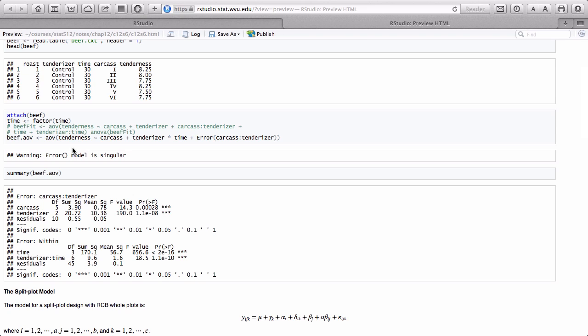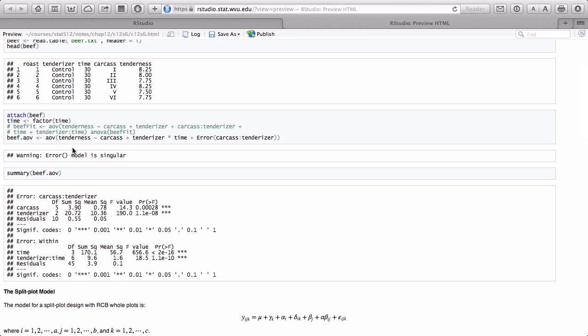What does the asterisk do? It expands into a factorial. So that's really equivalent to tenderizer plus time plus tenderizer colon time. And then I have the error term, carcass colon tenderizer.